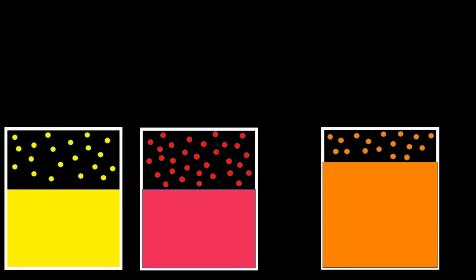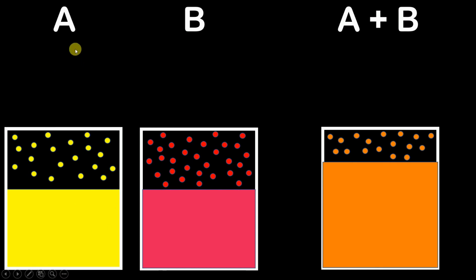After I mix these two liquids, obviously I am going to get a solution. Now let's name these liquids. Let's name this yellow color volatile liquid A and this red color volatile liquid B. And obviously in the solution we are going to have A as well as B.